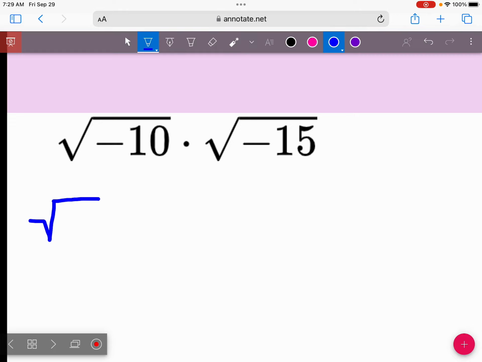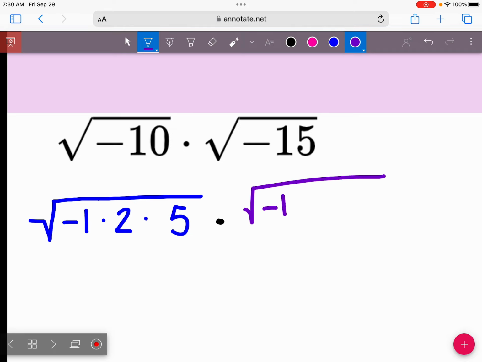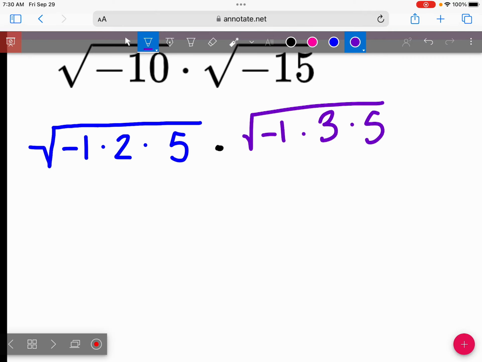So I'm going to make this 10 be -1 times 2 times 5. And I'm going to write my square root of -15 as -1 times 3 times 5. Which means I could break these up, and if it helps you to break up every single one, we can absolutely do that.